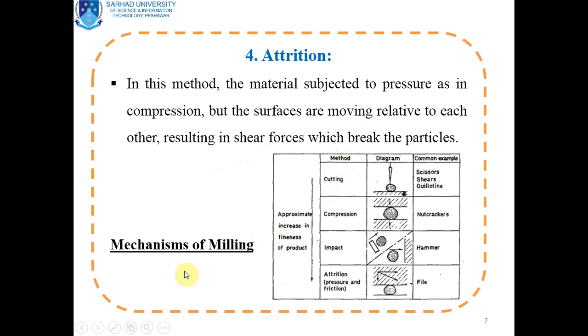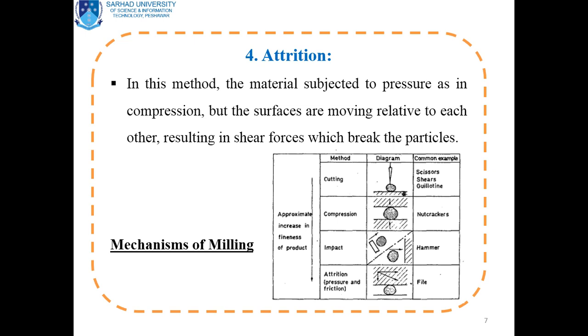And this is the table for the mechanisms of milling. The fineness of product increases from top to bottom. By cutting, fineness is lower, and from top to bottom the fineness increases. In cutting and compression the particle size is comparatively reduced, then impact and so on.